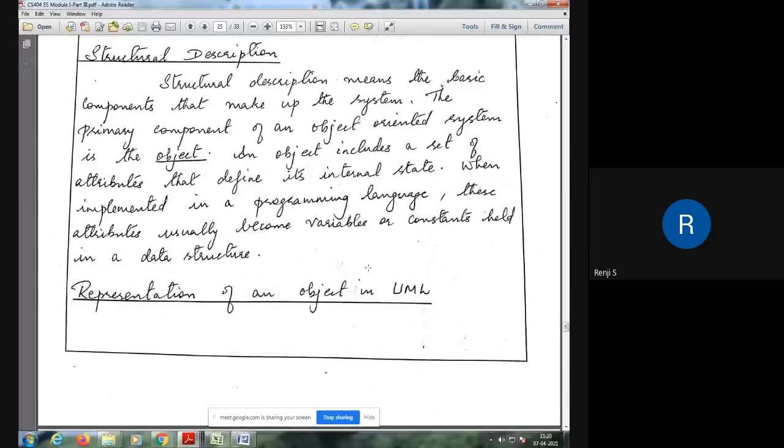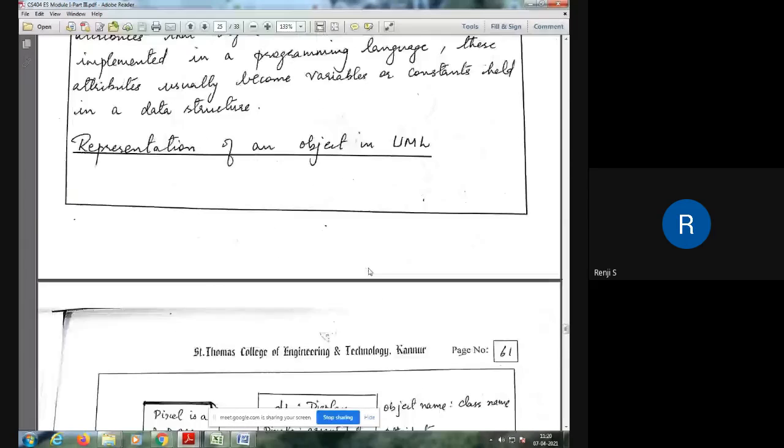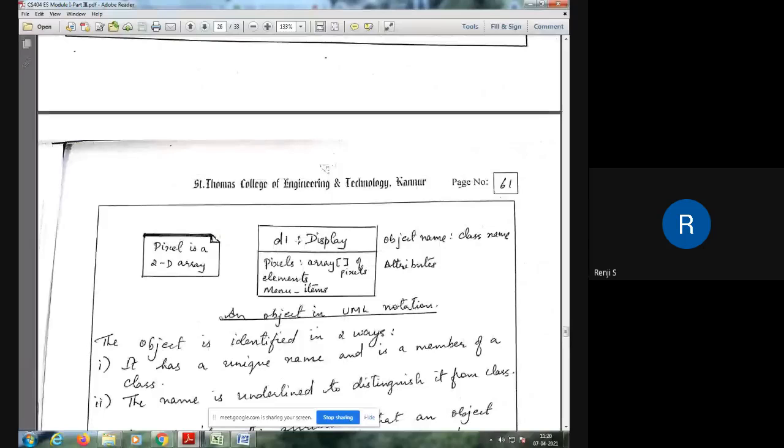Then next we have the structural description. As we said earlier, the structural diagrams are used for describing the structure of the system. We have the class diagram and object diagram representing the structure of the system. Objects in UML are represented just like a rectangle as we see in classes, but there is a name written here: D1 is the name of the object, colon, then the class name, display.